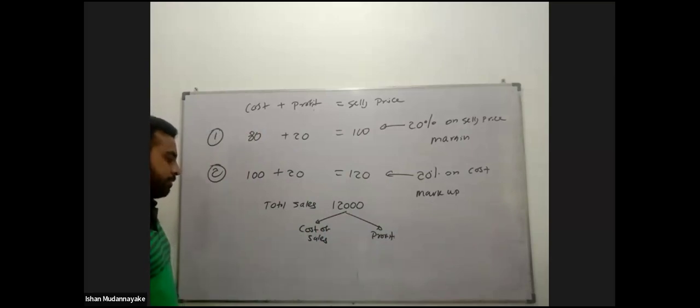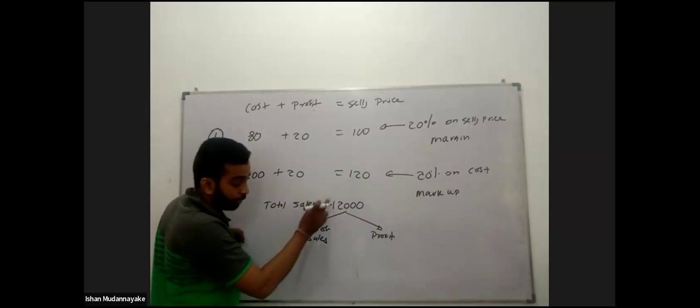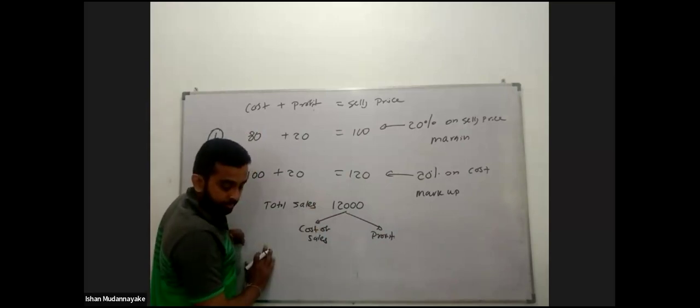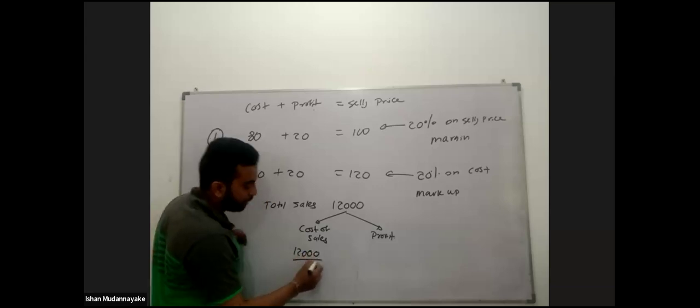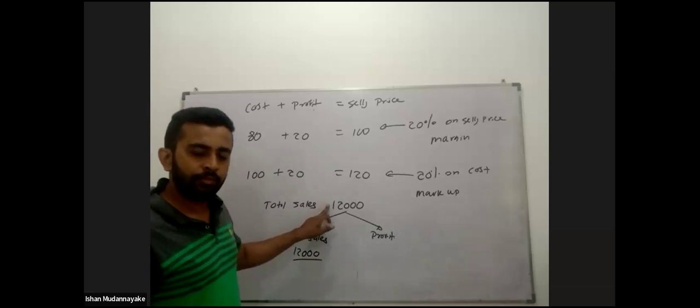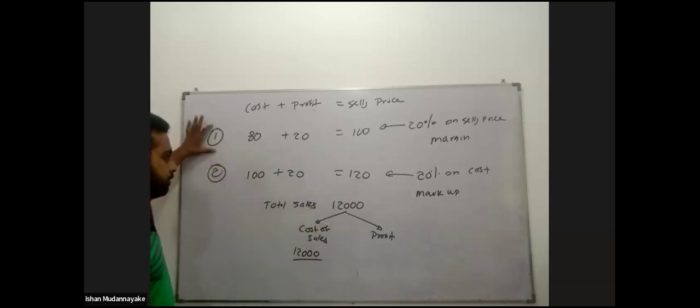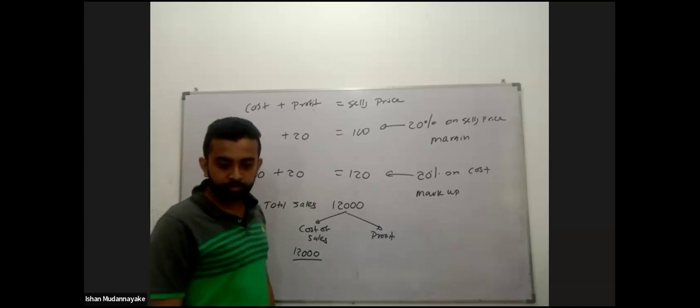Then you need to calculate the cost of sales included in this sale. How to calculate cost of sales? We apply the first method to calculate the selling price of the product.